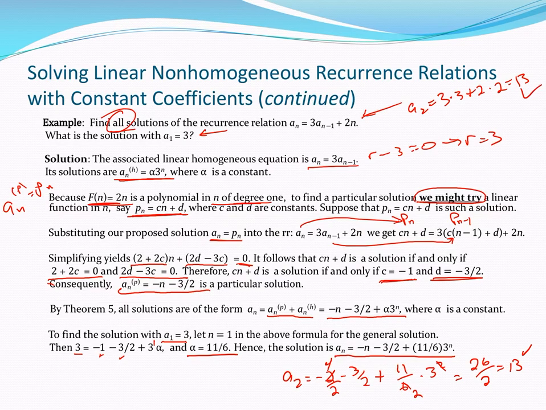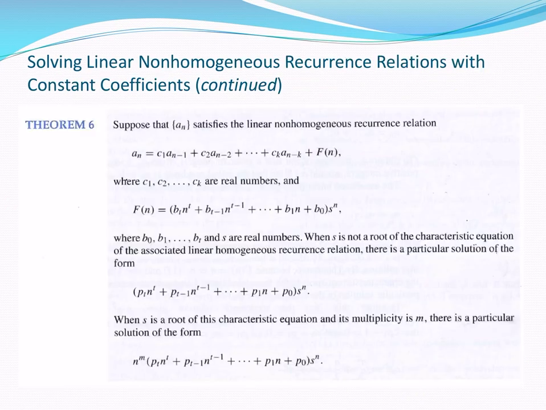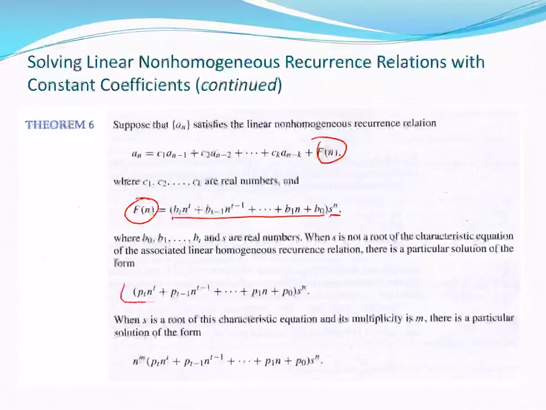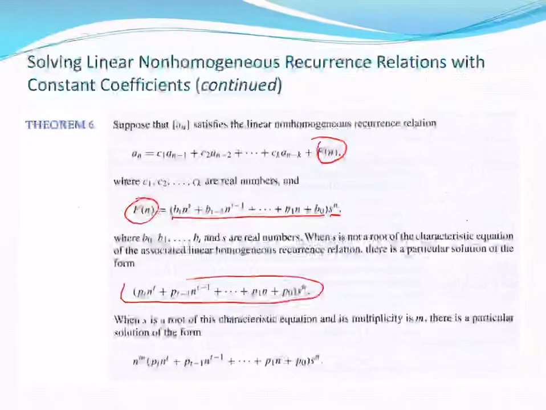I'm going to take a look at this master theorem here. Whenever we have an Fn that is a polynomial possibly multiplied by an exponential, then my solution will be a polynomial of the same degree multiplied by that same exponential.